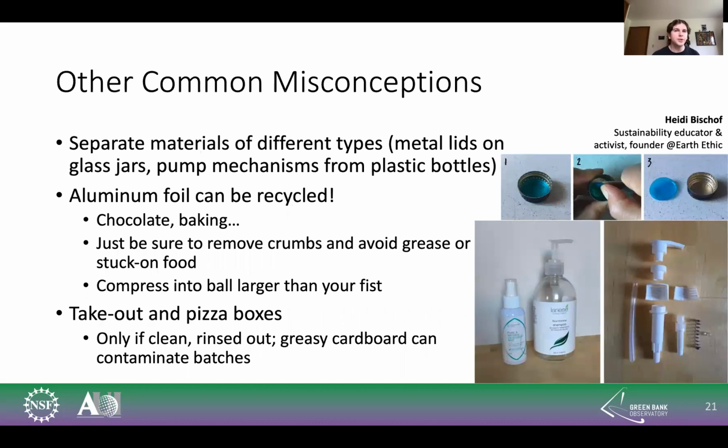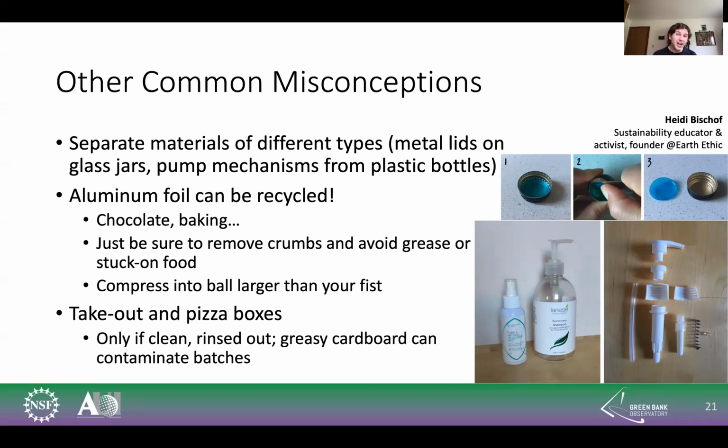All right, now for a few other common misconceptions. It is important, as I mentioned before, to remember to separate different materials, even if you're using single stream recycling. So things like metal lids need to be removed from glass jars, as the magnetic properties of the lid may actually bring not only the lid, but the glass itself over to the metal recycling plant, which again could cause contamination.